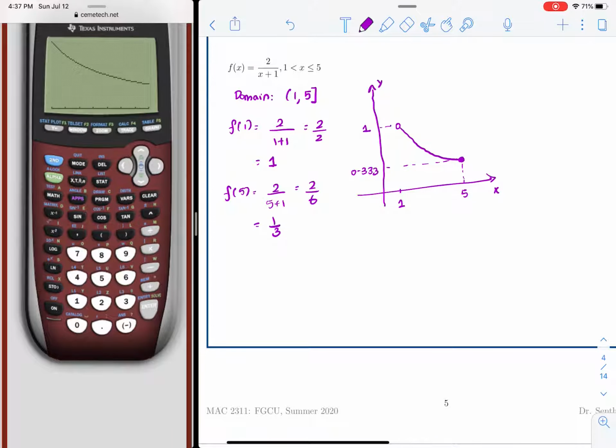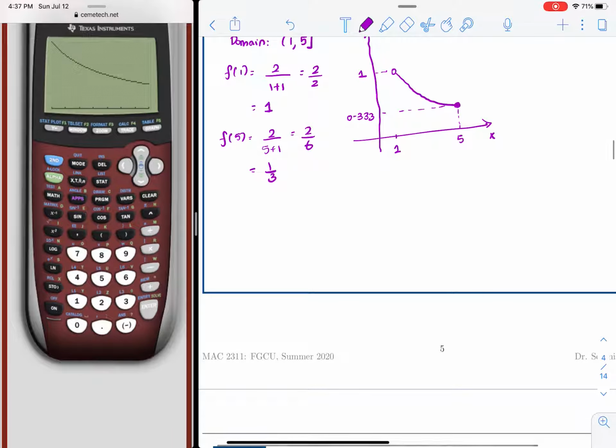So does this function have a local maximum or a minimum or absolute maximum? There is no absolute maximum, because x is equal to 1 is not included in the domain.